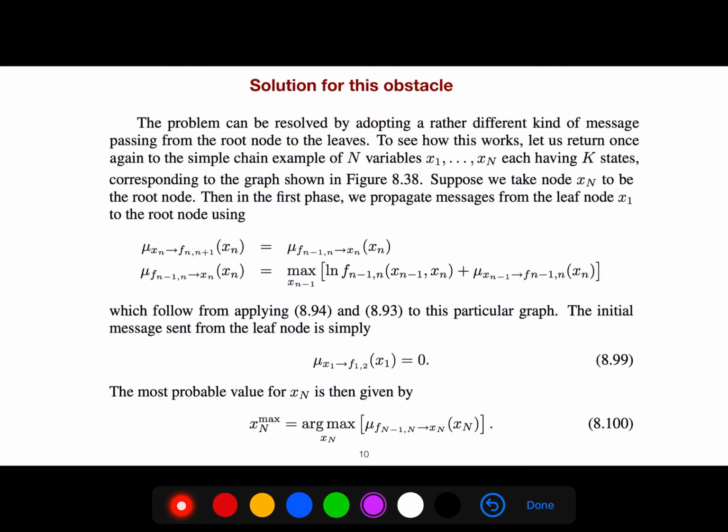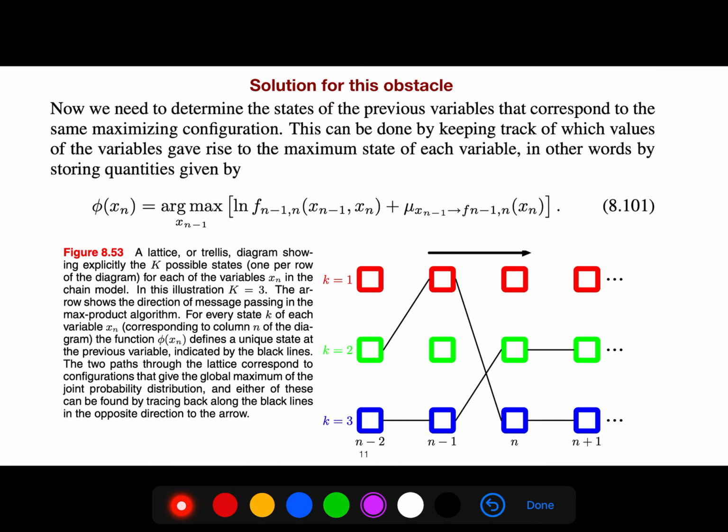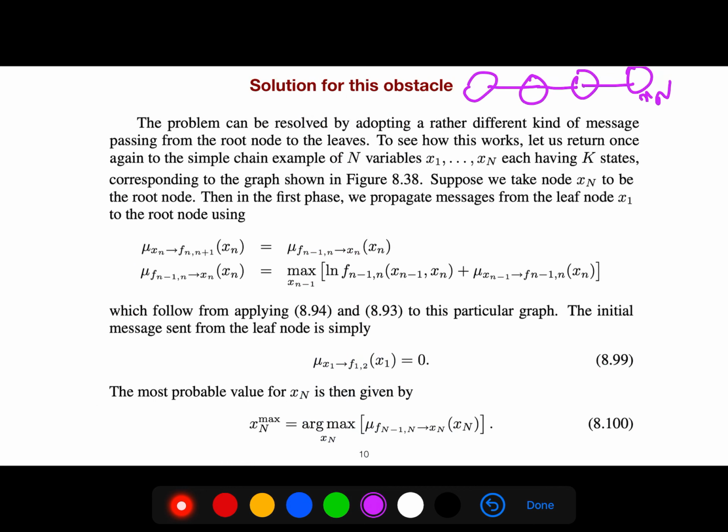The problem can be resolved by adopting a rather different kind of message passing from the root to the leaves. So let us return once again to the simple chain of variables x1 to xN, where each one has K states.